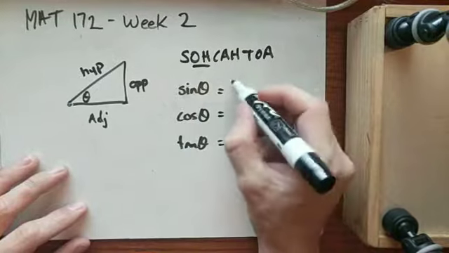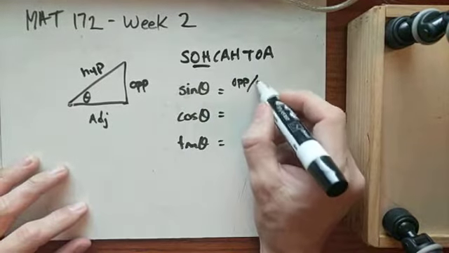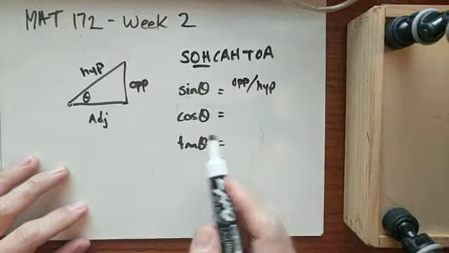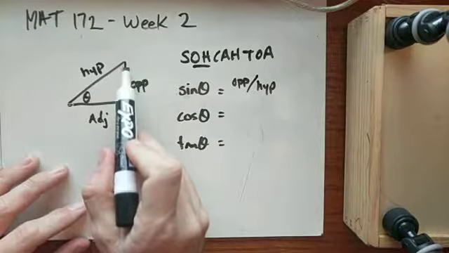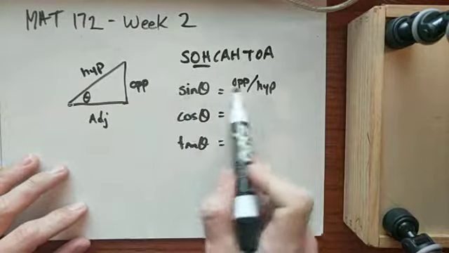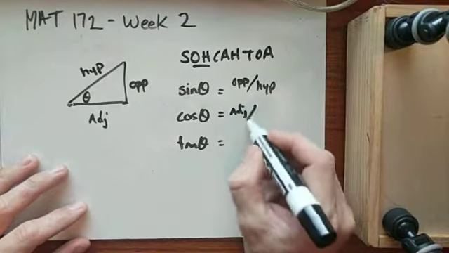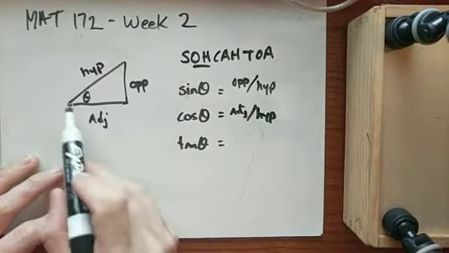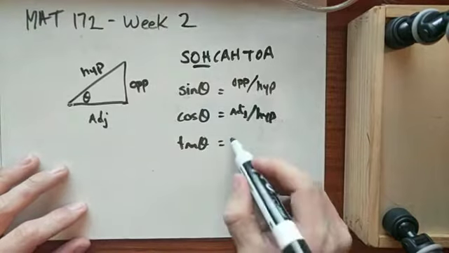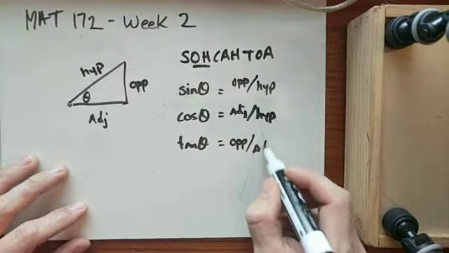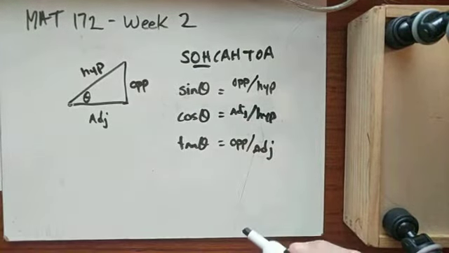Sine is the opposite divided by the hypotenuse, so the ratio of these two sides is the sine of that angle. Adjacent divided by hypotenuse is cosine, and then opposite over adjacent is tangent.